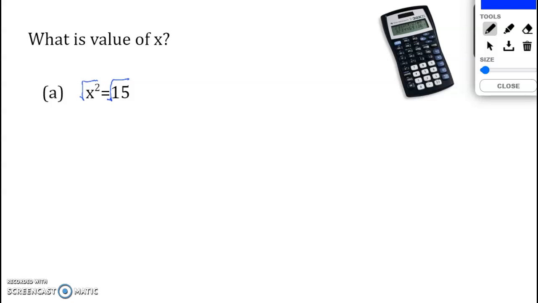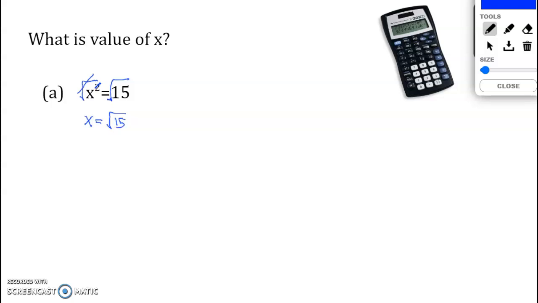When I take a square root of both sides, remember the square and the square root symbol cancel each other out because they undo each other. So you're left with just x on one side, and on the right hand side you have square root of 15. And now it's time to pull out your calculator and figure out what the square root of 15 is.